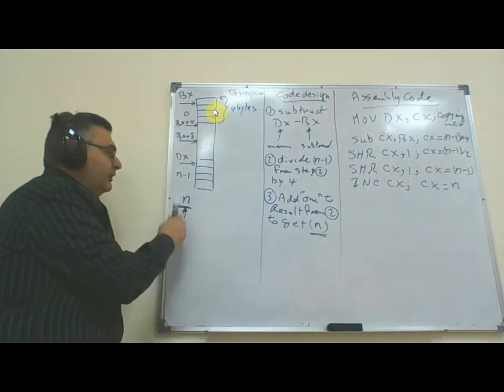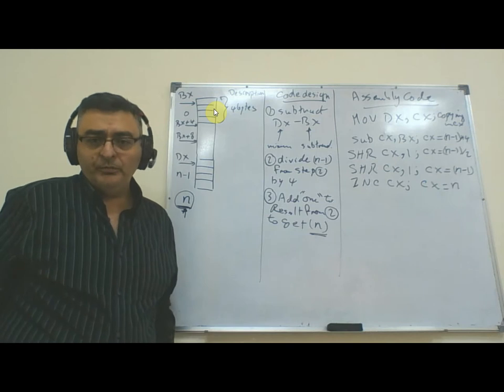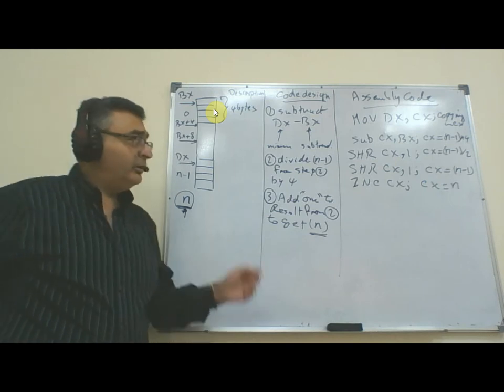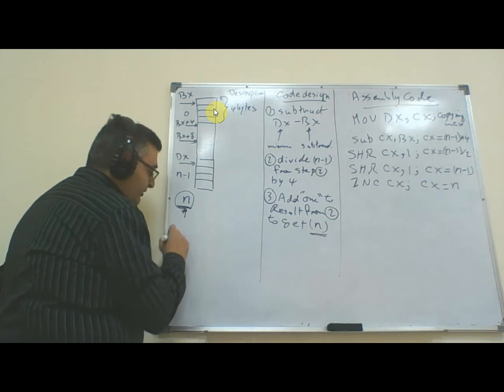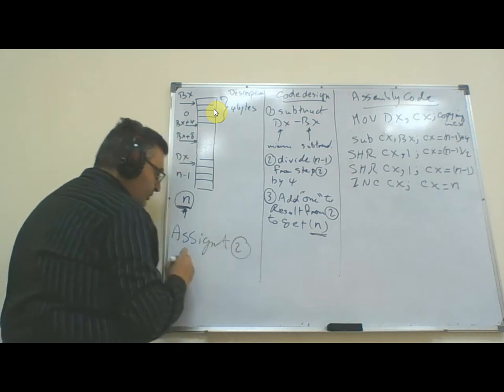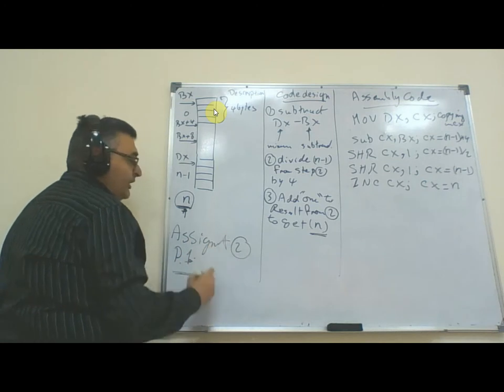So I will get the number n that he was looking for in the problem definition. Agree? Okay. So this is the assignment problem number 1. This is the solution.